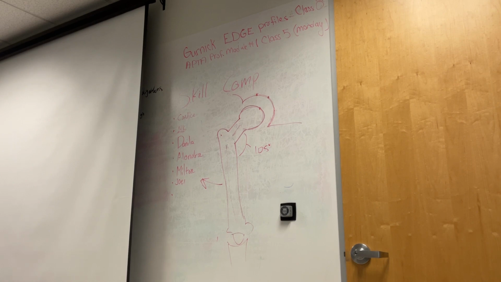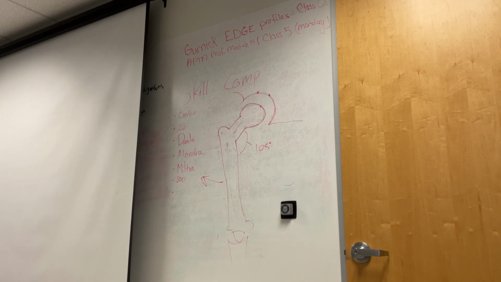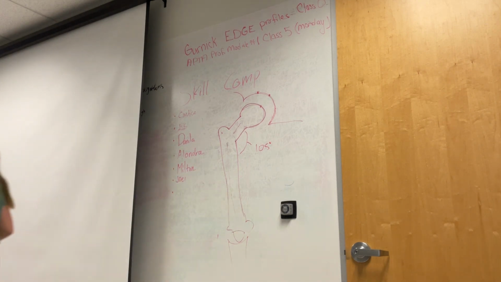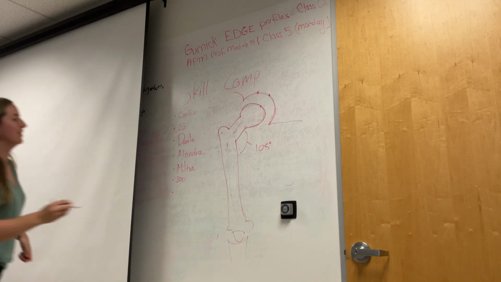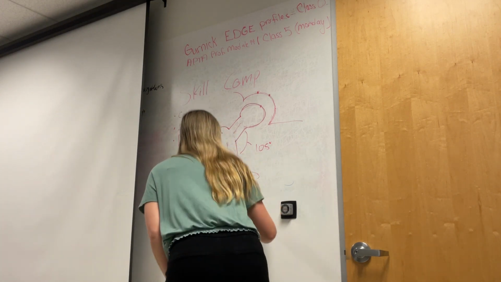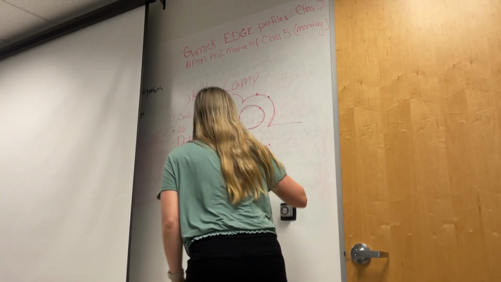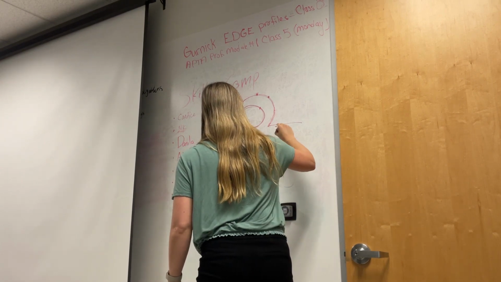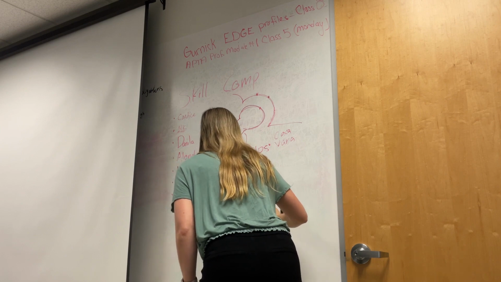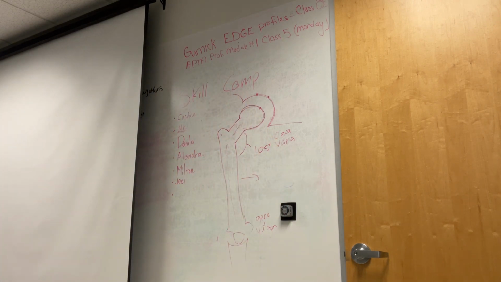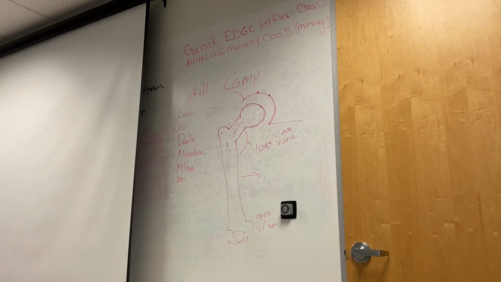And if I adduct the thigh, that creates genu valgum. That's where I got it backwards. So coxa vara, a smaller angle of inclination, causes valgum at the knee. Coxa valga is a larger angle, resulting in genu varum.